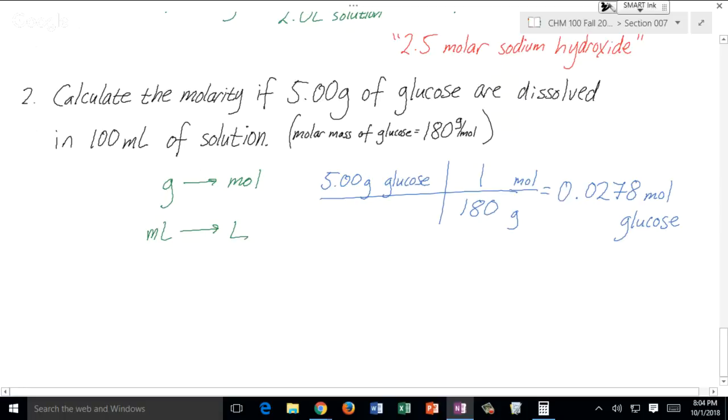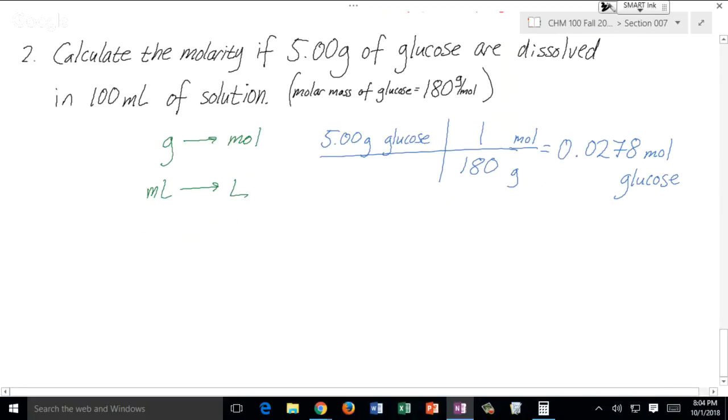So that's one conversion done. Our next one is to go from milliliters to liters. 100 milliliters. We want to go milliliters to liters. There are 1,000 milliliters in a liter. So that gives us 0.1 liters.